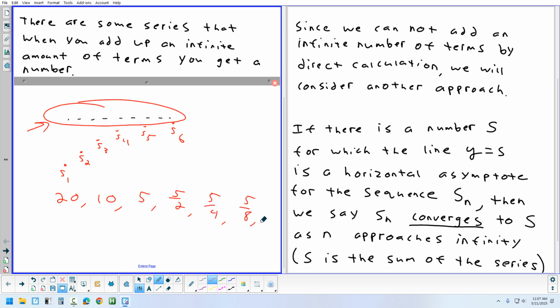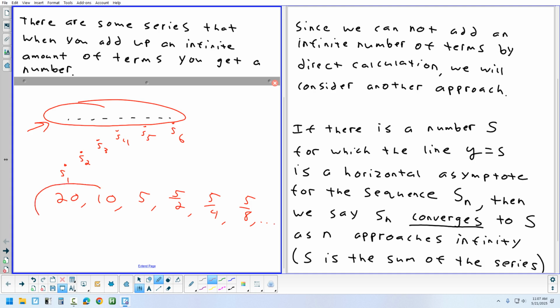If I were to continue that sequence forever, the individual terms in that sequence are approaching a value. What are the terms in the sequence approaching? Yep. 0. The terms are approaching 0. They're getting smaller and smaller and smaller.